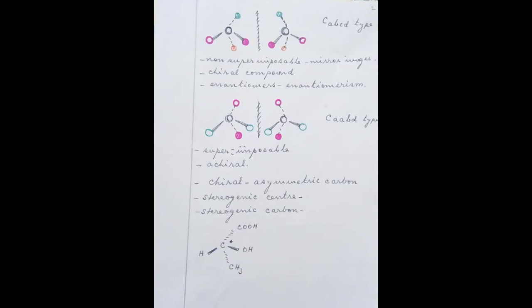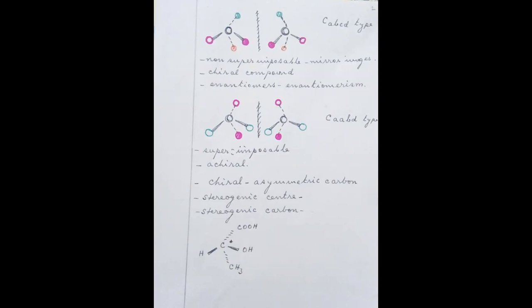So molecules with a superimposable mirror image are called achiral. Chiral means an asymmetric carbon; achiral means no asymmetric carbon. This asymmetric carbon is also called the stereogenic center, or a stereogenic carbon.